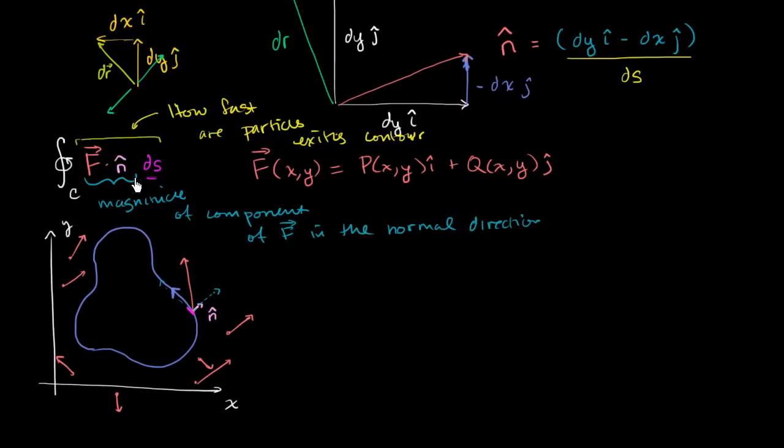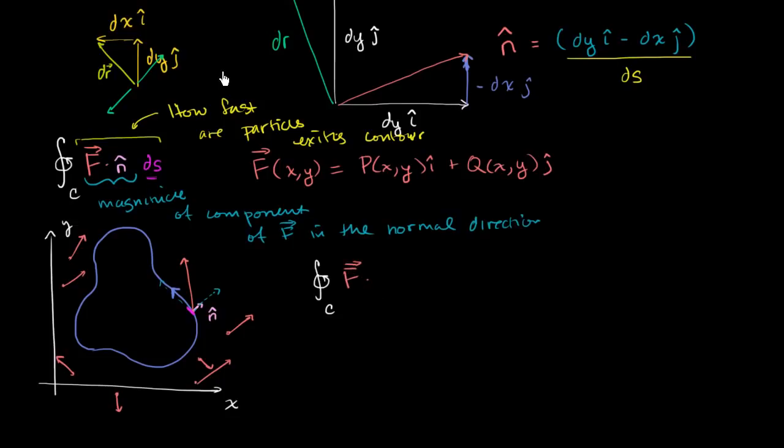And so now that we have hopefully a decent conceptual understanding of what this could represent, let's play around with it a little bit, especially because we know how to define a normal vector. So let's rewrite it using what we know about how to construct a normal vector. Our integral becomes this. We have our vector field f dotted with the normal vector.